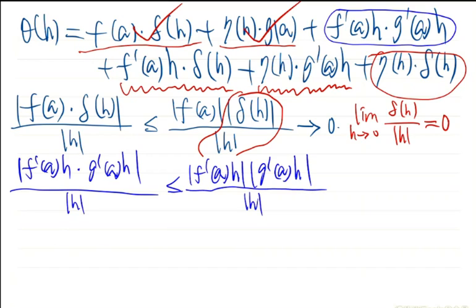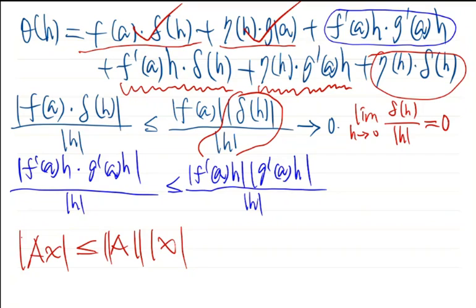For these two, f'(A)h and g'(A)h, we apply the matrix norm property again and again: the norm of Ax is not greater than the norm of A times the norm of x.